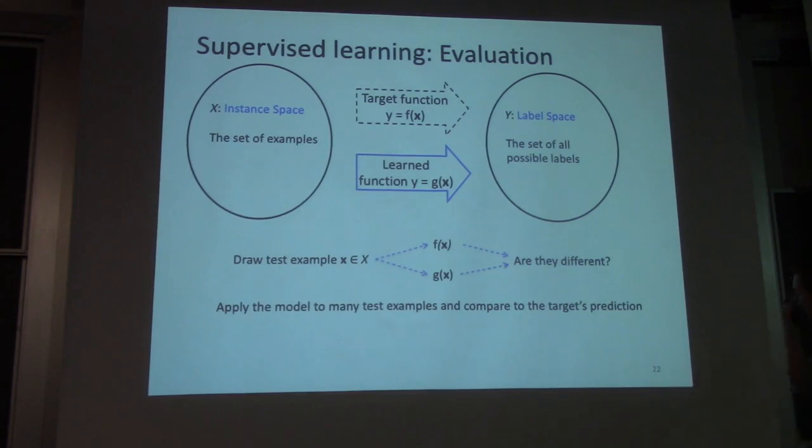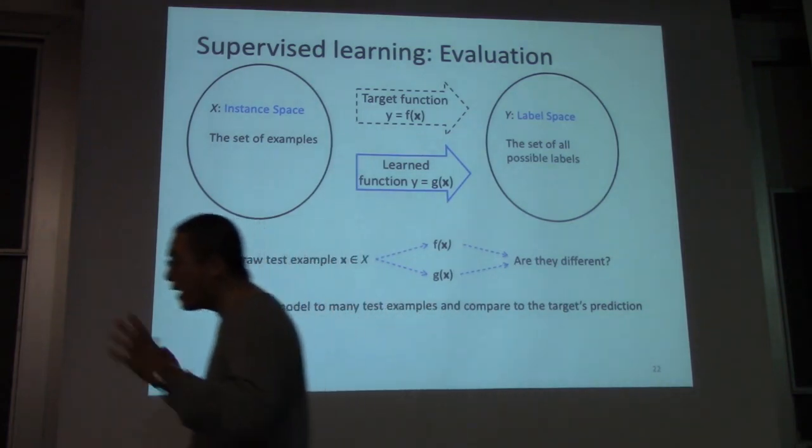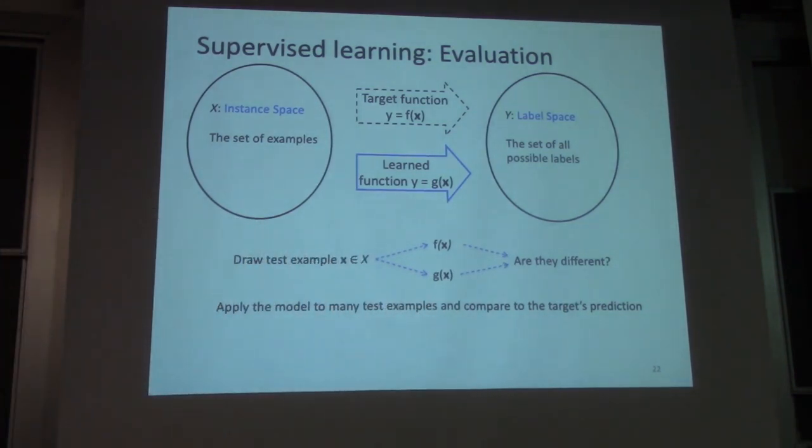For instance, if your task is to predict whether emails are spam or not, you just collect a bunch of emails, and you know whether they're tagged or not. That's the true label. And suppose you run your neural networks, and you generate some prediction that corresponds to g of x.